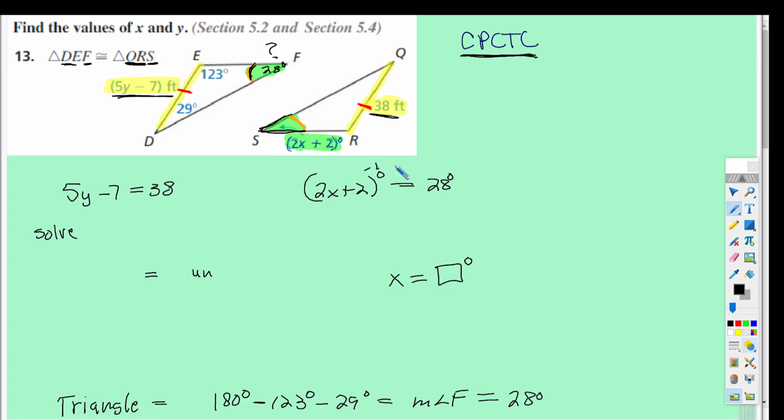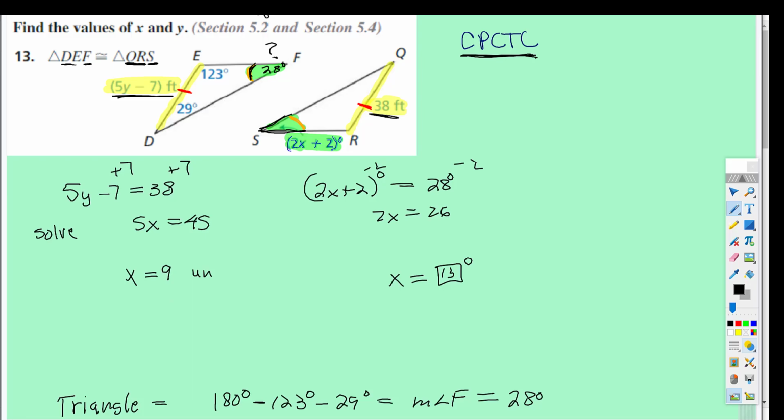You would know that you would subtract 2, and then you would divide both sides by 2 to get your answer. And then over here, the same. And then when you divide both by 5, you get 9 units.